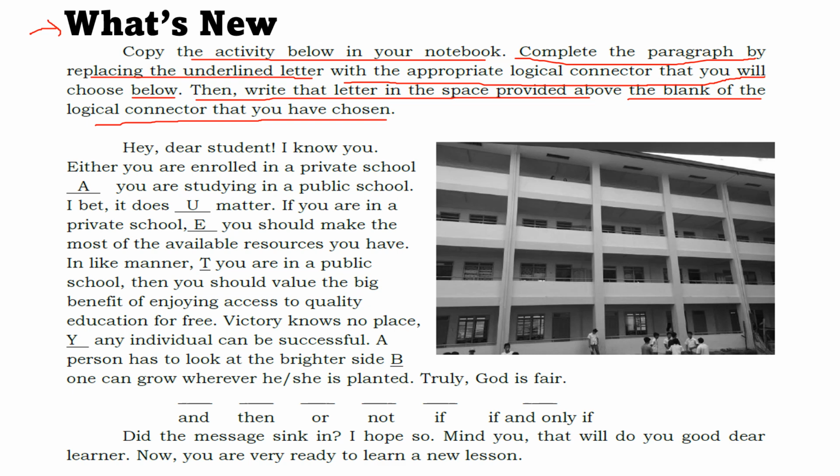Where can we put this A? We can put this A here, "or." Let's read again: either you are enrolled in a private school, or you are studying in a public school. So it is correct.